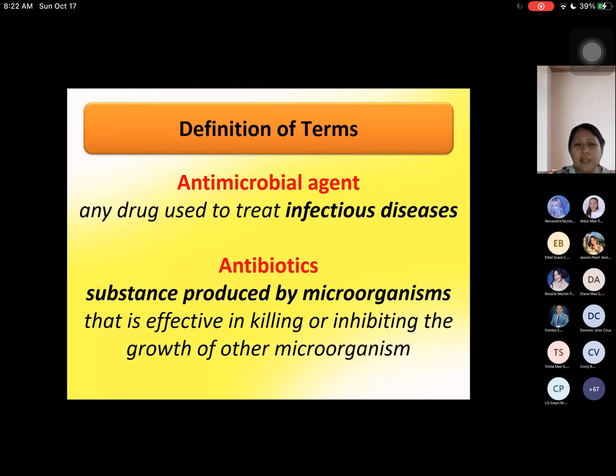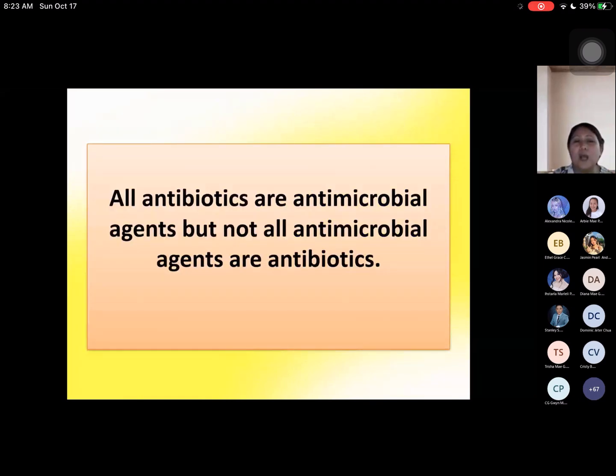Antibiotics are substances produced by microorganisms that are effective in killing or inhibiting the growth of other microorganisms. So antibiotics are produced by microorganisms. So not all antimicrobial agents, or antimicrobials, are antibiotics.